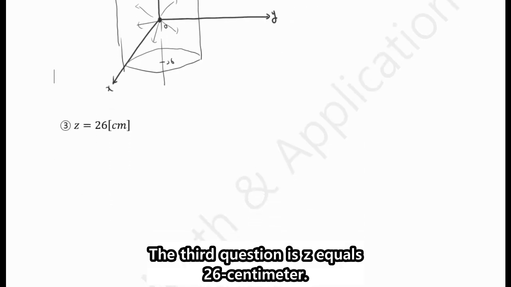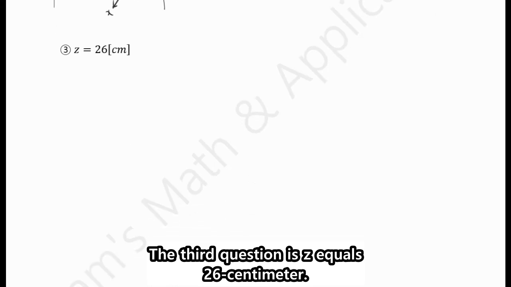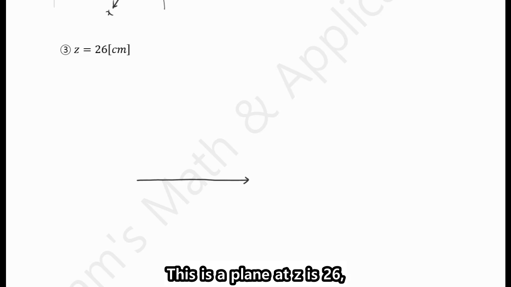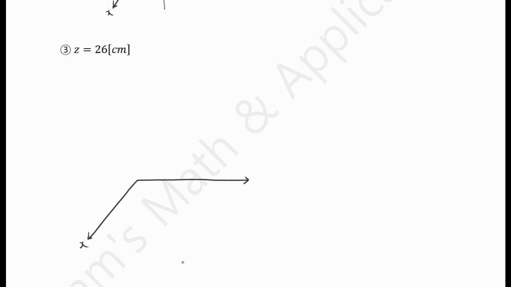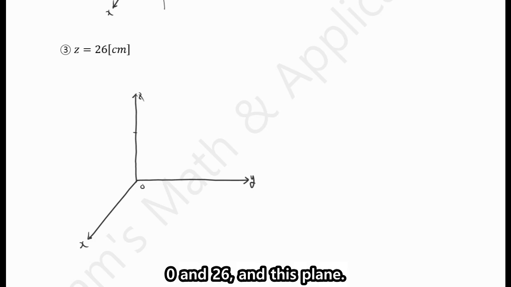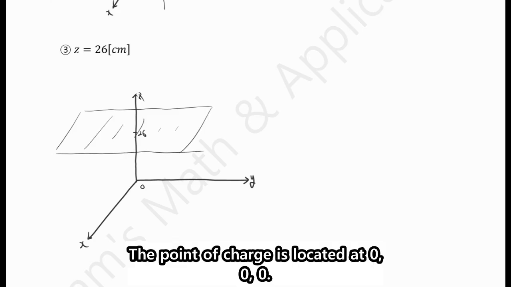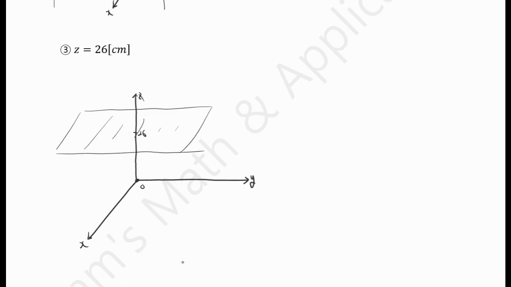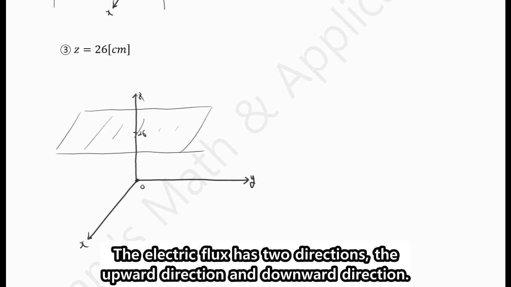The third question is z equals 26 centimeter. This is a plane at z equals 26. The point charge is located at 0, 0, 0. The electric flux has two directions, the upward direction and the downward direction.